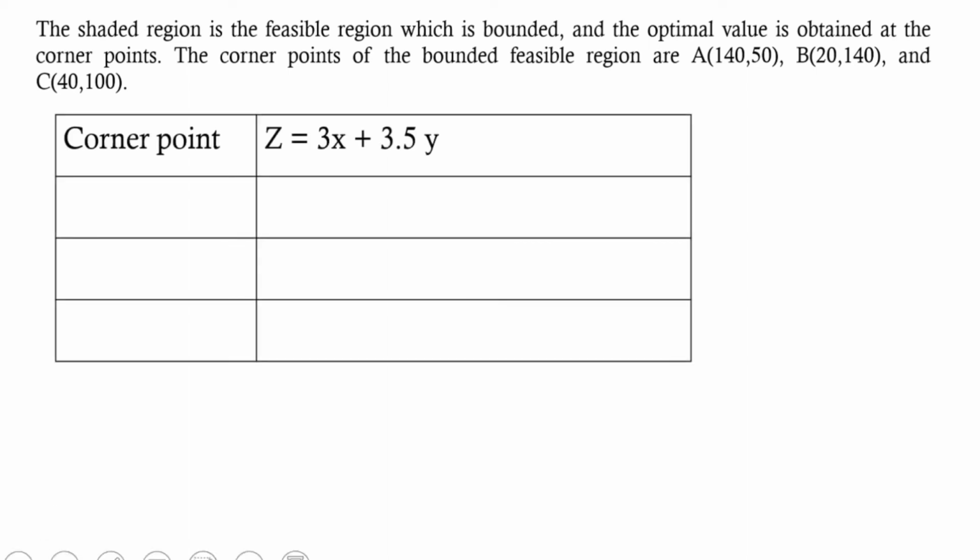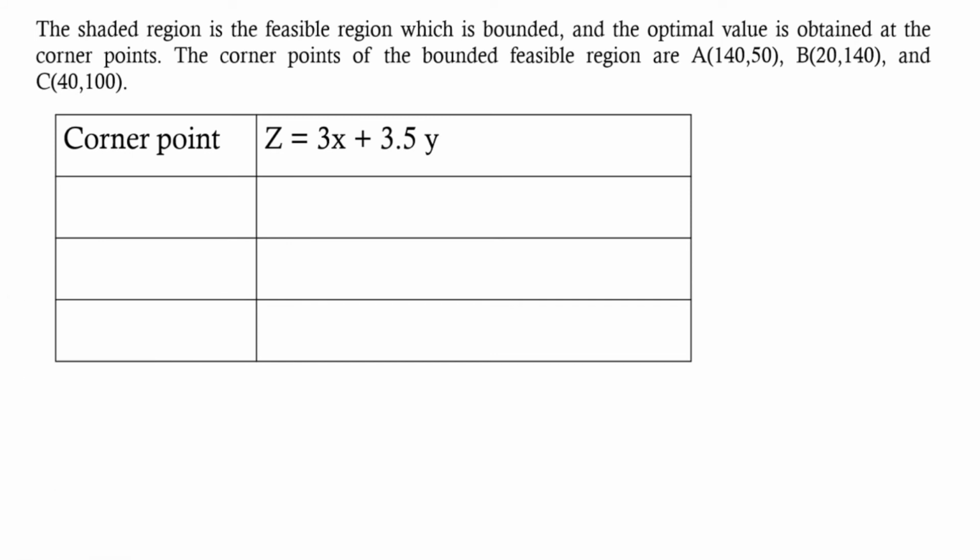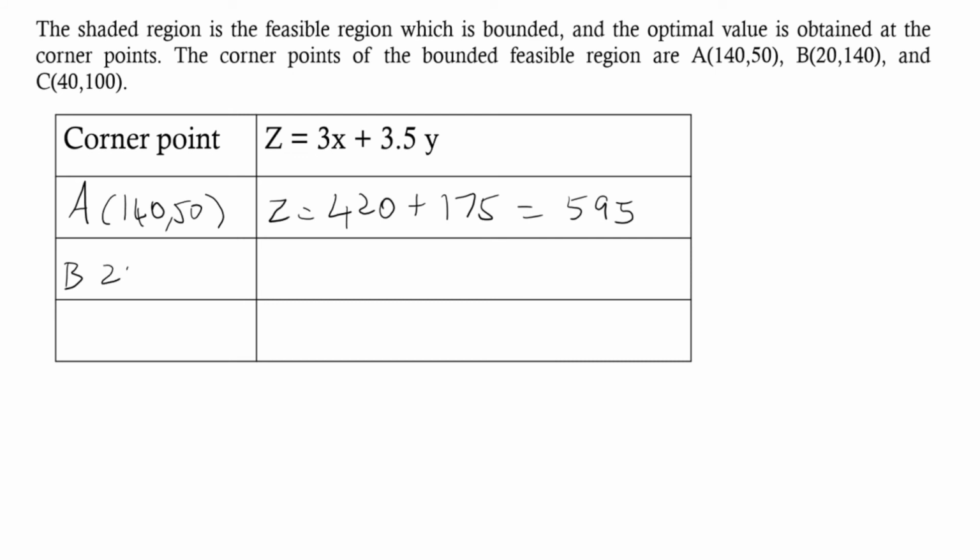Write corner point and Z is equal to 3x plus 3.5y. So for each corner point, let us find the value of Z. First corner point is A 140, 50. We have Z is equal to 420 plus 175. So it is 595. Next corner point is B 20, 140.